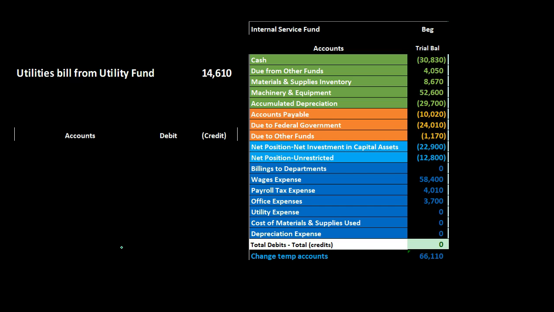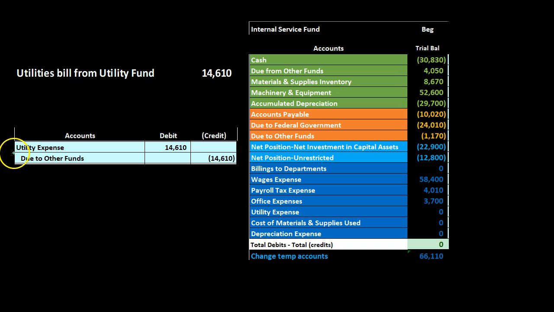Then we have the utility bills from the utility fund. We're in the internal service fund. The utility bill, just like normal, we got one, but it's actually from another fund because that's another part of the government. So it's still fairly straightforward, because we're going to debit utilities expense just like we would at a for-profit organization.